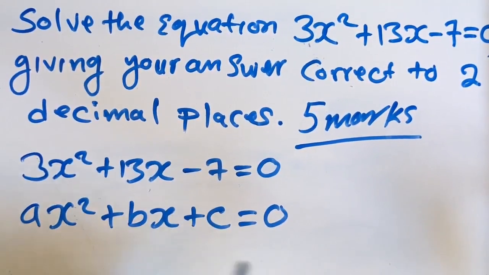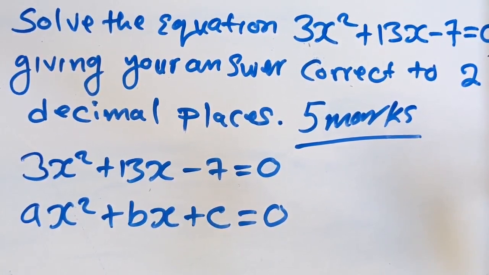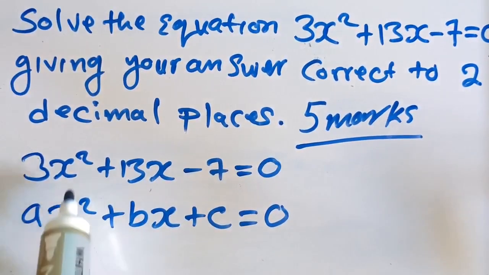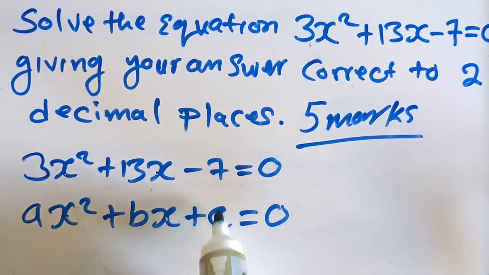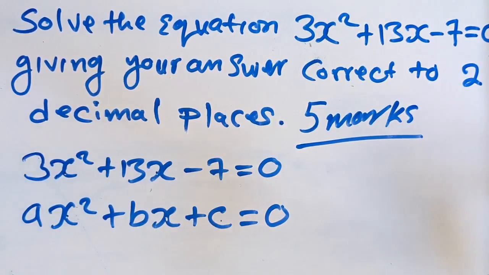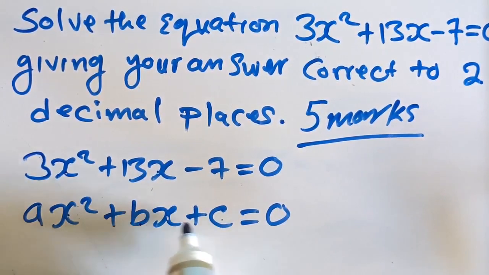Here is x squared, x is there, and c is just a constant number without any letter.